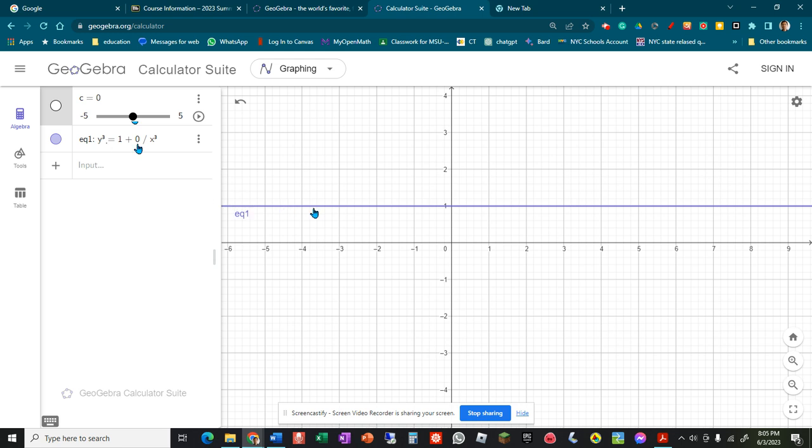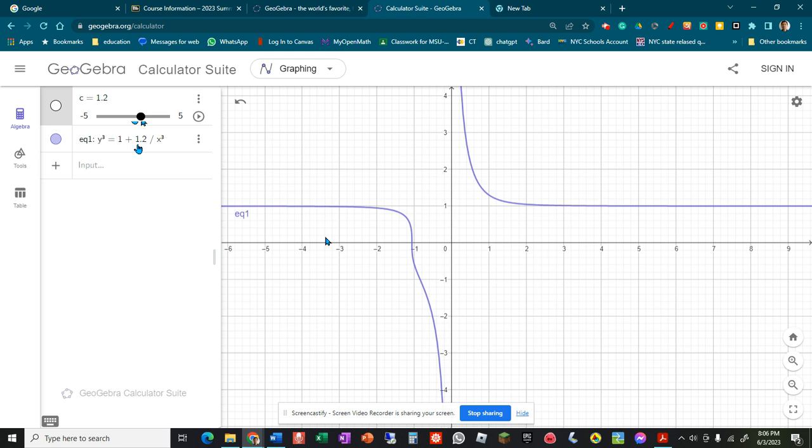So that's my horizontal line. And if c is bigger than 0, I have this type of solution. So this part is a decreasing function, and this is also a decreasing function. So the solution is always decreasing.